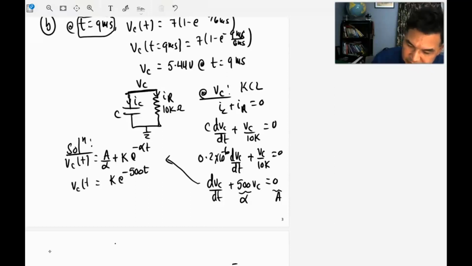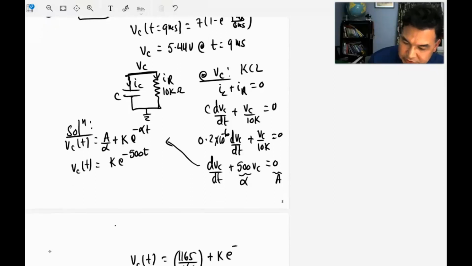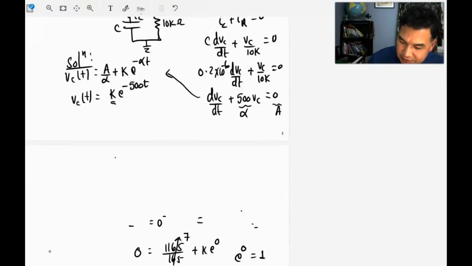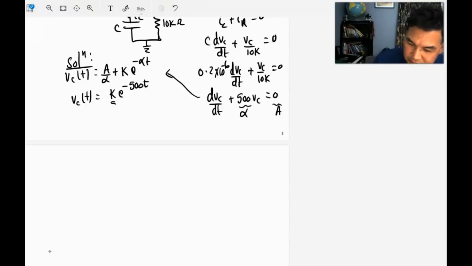So that's how the voltage changes over time. But we still need to find this unknown constant K, which you can find using the initial condition, because at t equals 0, we know the voltage is 5.44 volts.